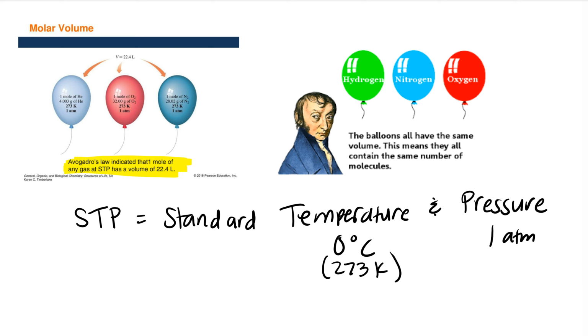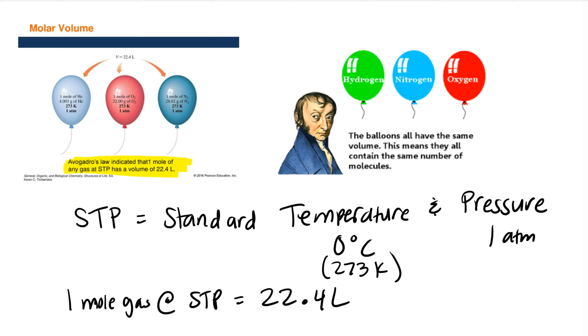When a gas, again, doesn't matter the identity of that gas, 1 mole of gas at STP is 22.4 liters. I would definitely write that down, highlight that in my journal.